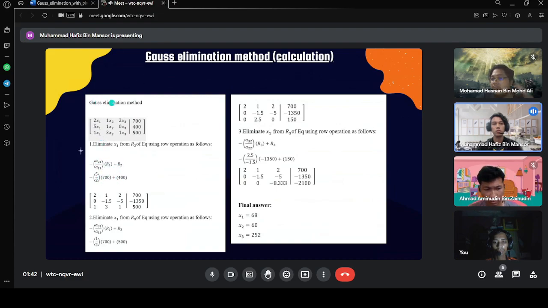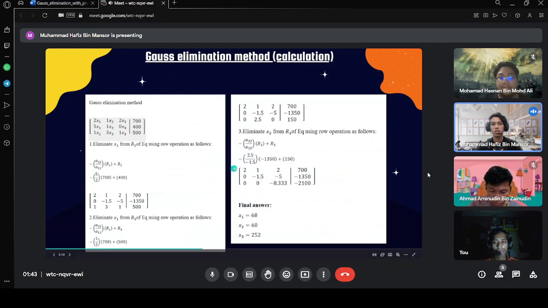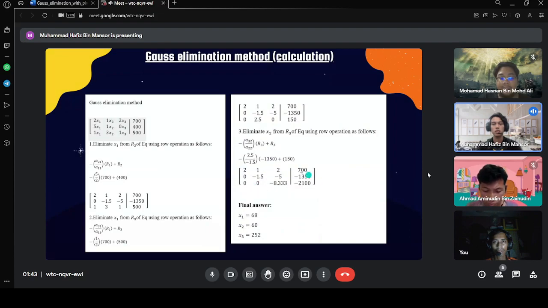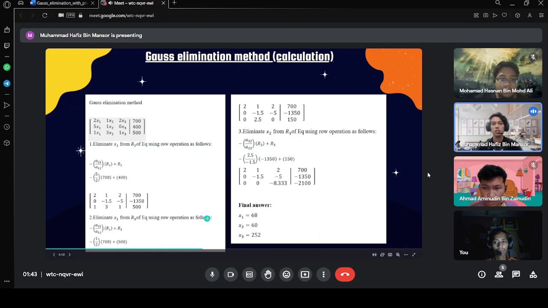For the Gauss elimination method, we need to make this row triangular, so the bottom values 5, 1 and 3 become 0, like this final answer. After we get the final answer, we just put it in the calculator and we will get the final answer. This just uses the matrix function in the calculator.